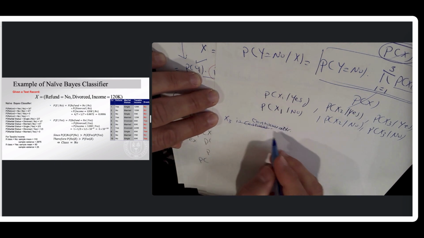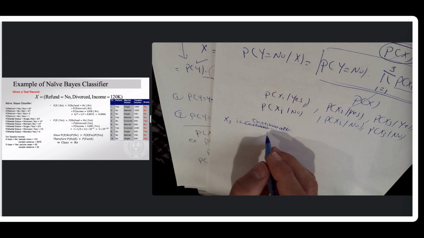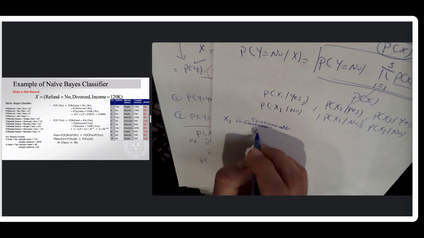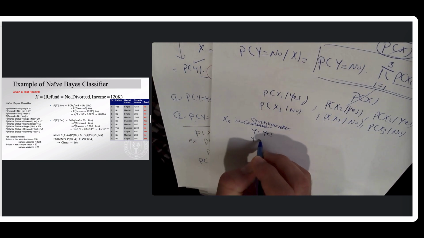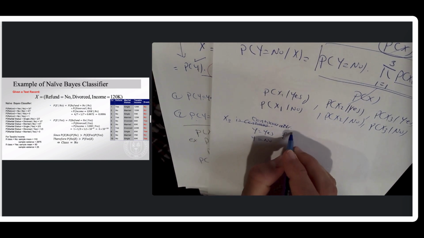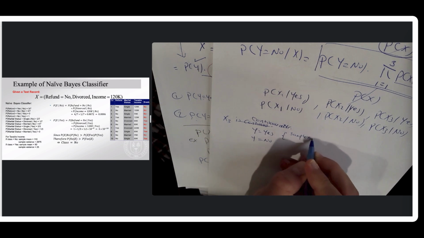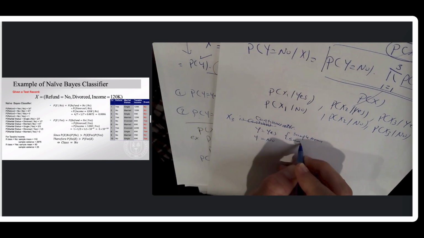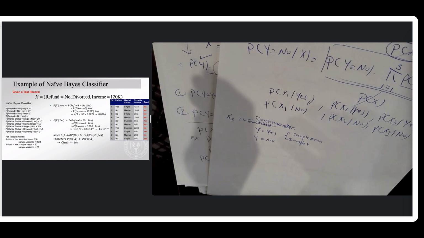In this case, I need to compute the sample mean and sample variance if the class label is y equal yes and for y equal no. I need to have the sample mean, and I need to compute the sample variance.